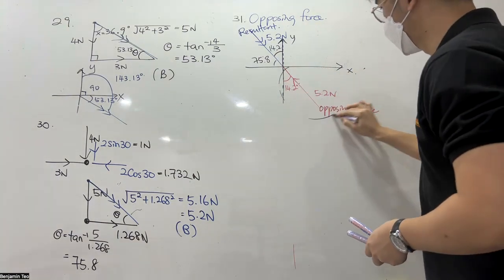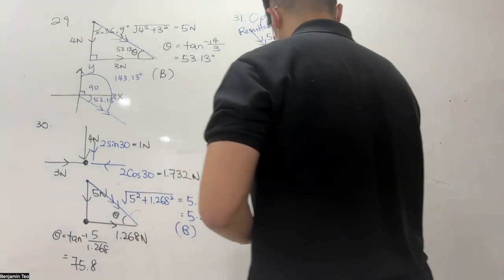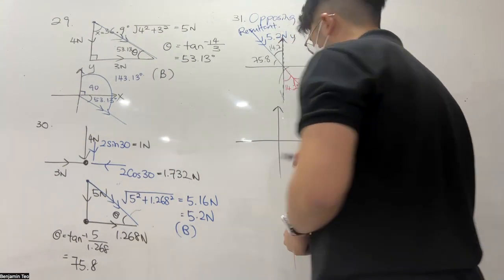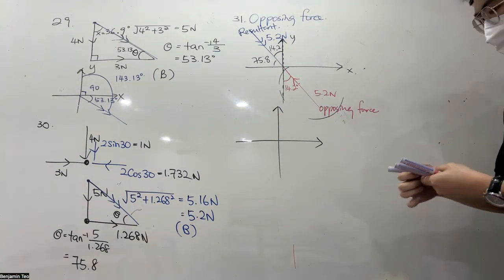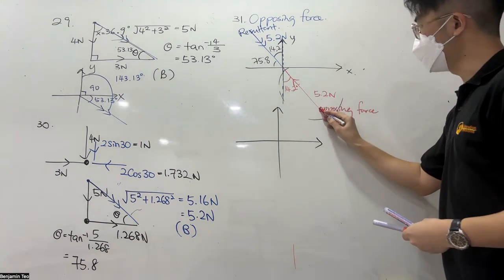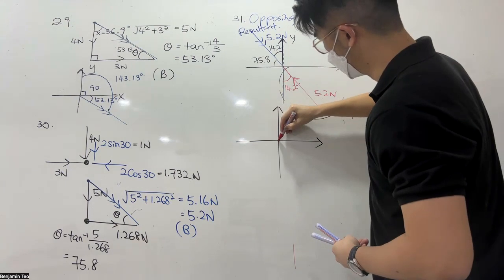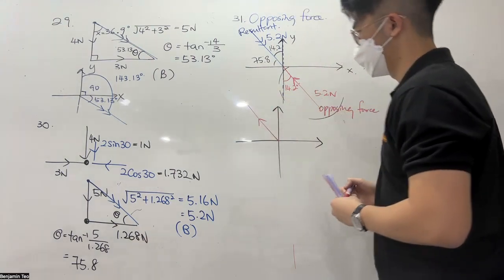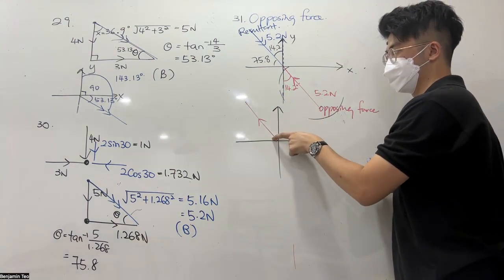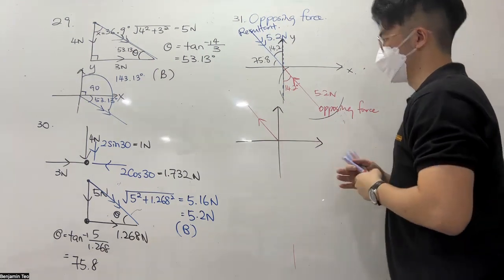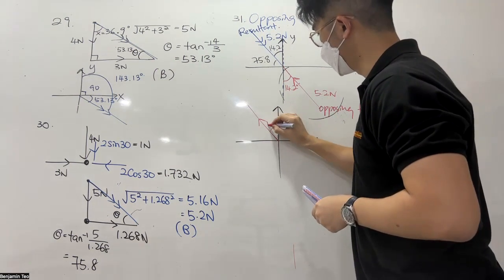Now, remember we said how we give direction? Take this one, put it in the Cartesian axis. The tail must be at the origin. See the arrow, the tail here must be at the origin. You put it like this. Okay, so that means this is 14.2.